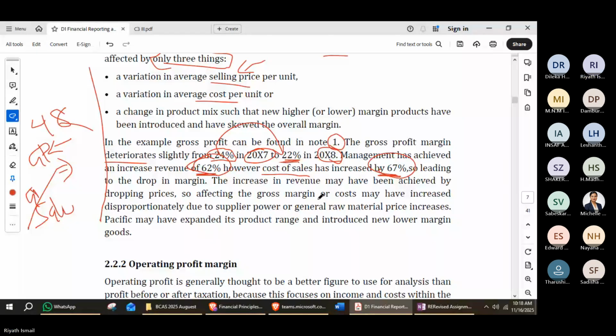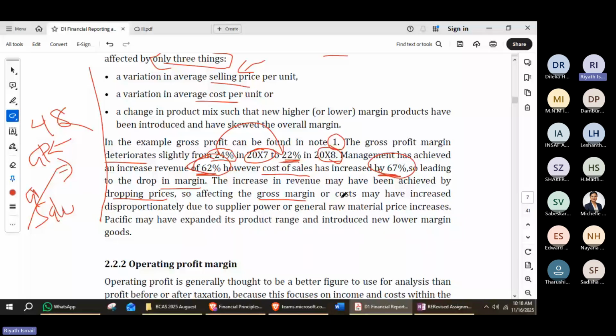Cost increased higher than the sales, leading to the drop in margin. The increase in revenue may have been achieved by dropping price, right? They reduce the price and the volume has increased, so affecting the gross profit margin, right?